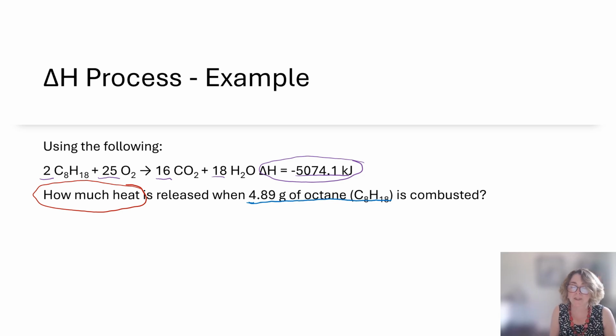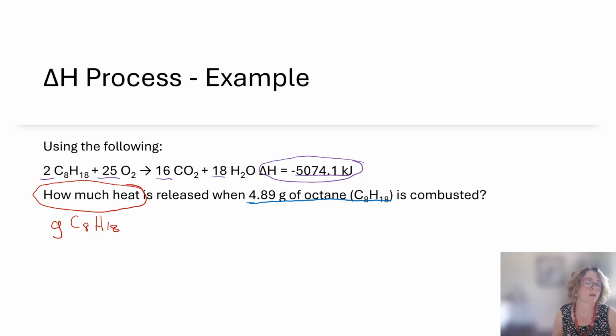So if I think through my mole map and set this up for exactly how I want to step my way through this example, I'm going to be starting with my grams of octane.